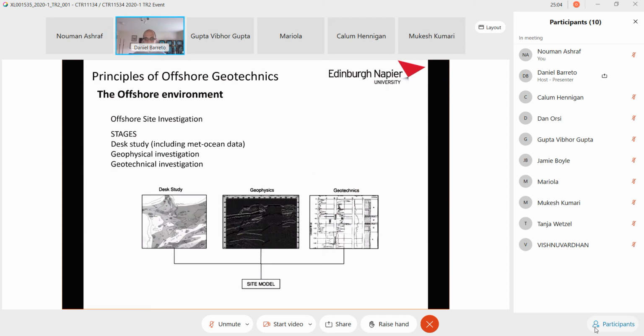In the pre-recorded lecture that you may or may not have seen, I say that when you are dealing with offshore development, you obviously have to do a site investigation, and that is relatively similar to what you do for onshore developments, in the sense that you obviously start with a desk study that gathers as much information as you possibly can about the site.